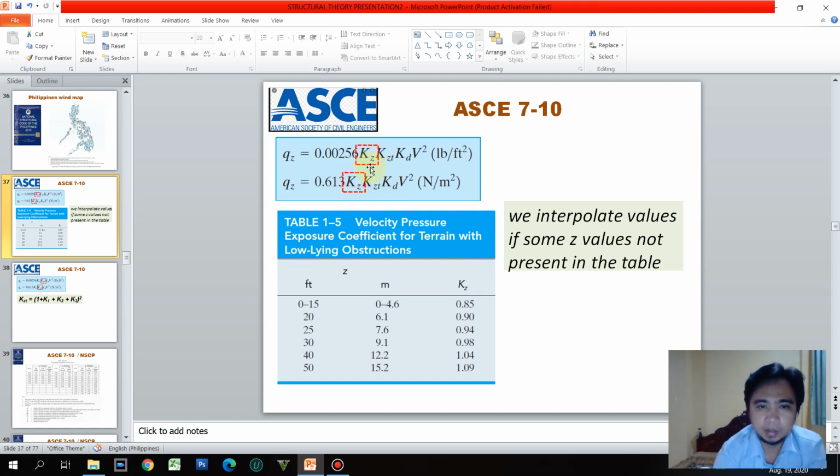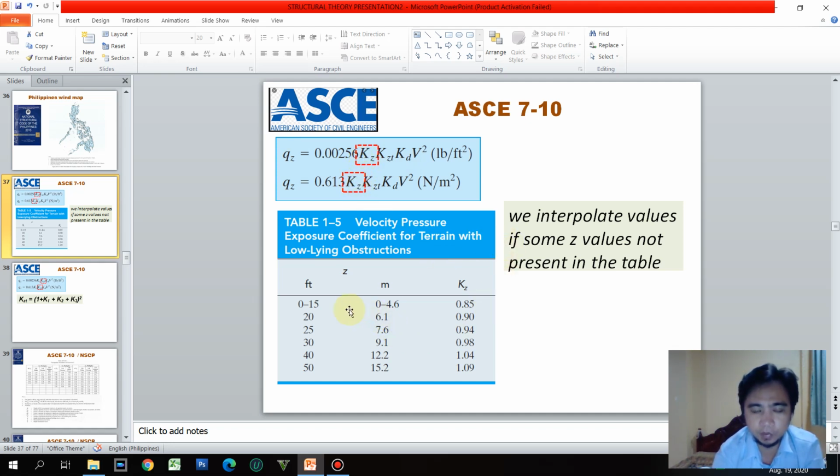Okay, Kz, the velocity pressure exposure coefficient for terrain with low-lying obstructions. As we can see here, depending on the mean height of the structure, whether in feet or meters, there are derived values for the Kz. Okay, so this is the first variable or the first factor here.